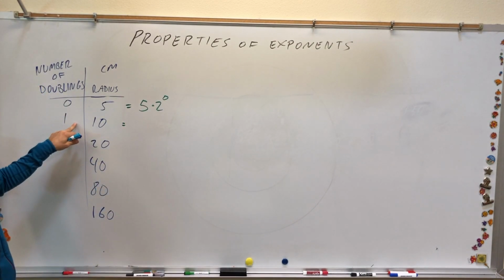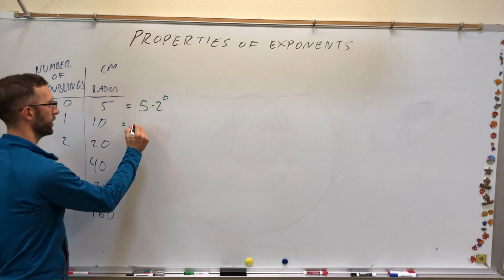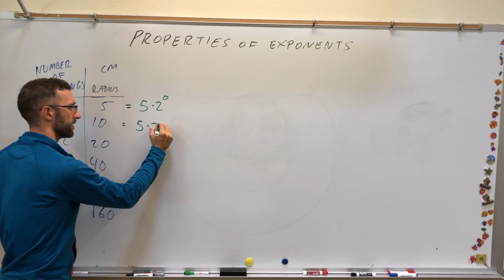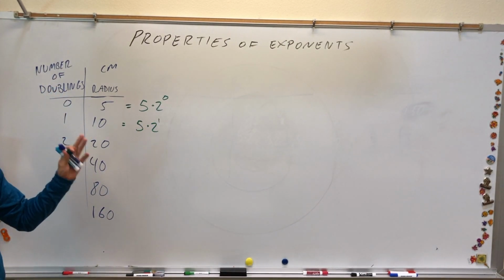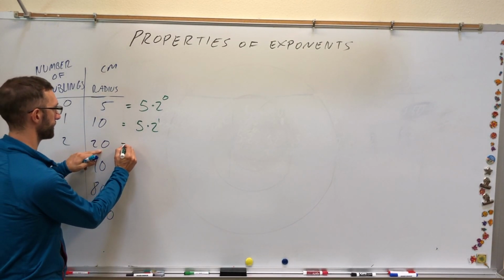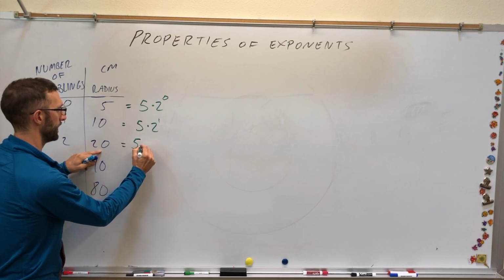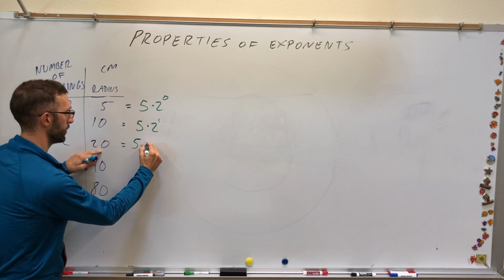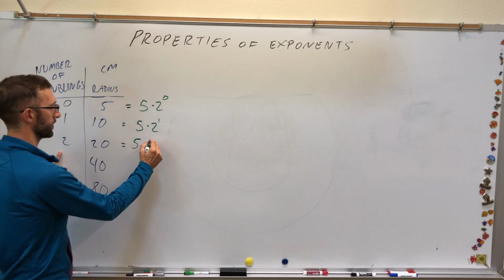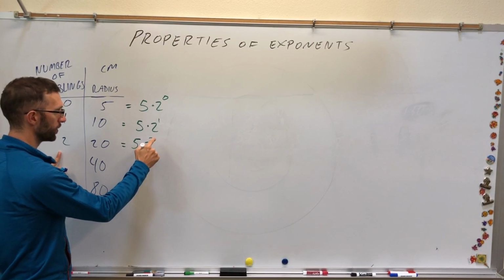For the 10, that's 5 times 2 to the first. And for 20, it's 5 times 2. How many doublings? 2 right here. So it's 5 times 2 squared.